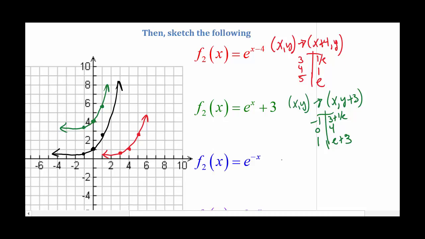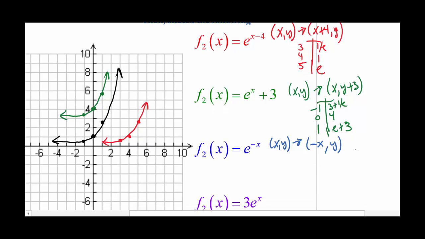Then we got e to the negative x. Okay, so what does that do? That negative changes the x values. So going into the original parent graph, so we still have, instead of negative 1, it's 1 over e, 0, 1, that doesn't change, and then negative 1 comma e.